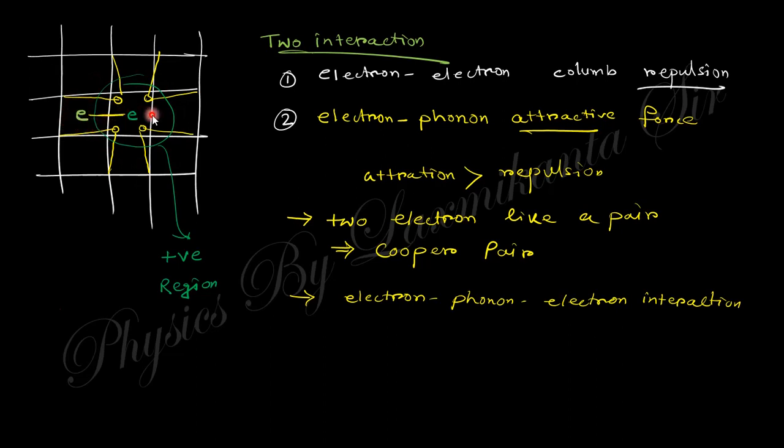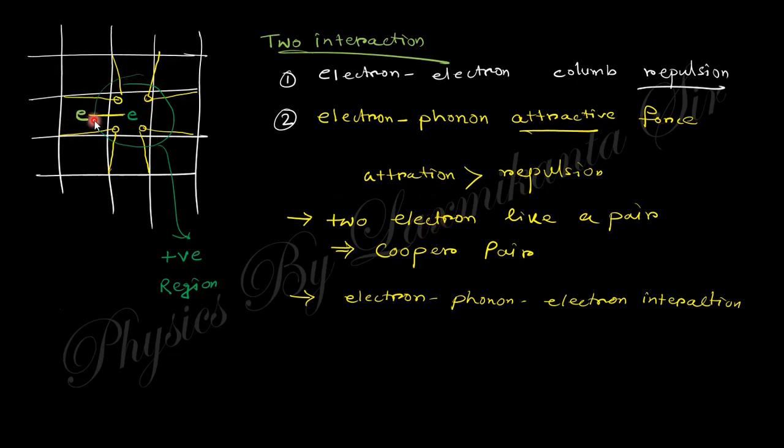These positive regions attract another electron. So like that, these two electrons make a pair. Here two interactions happen: electron Coulomb repulsion, and electron-phonon attraction. This attractive part is much greater than the repulsion part.